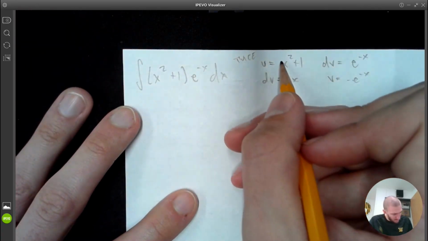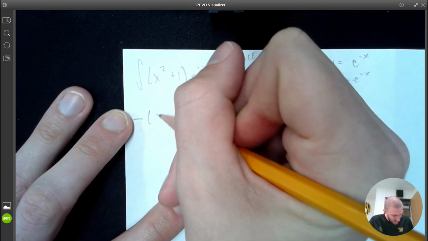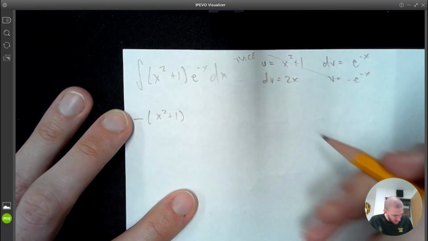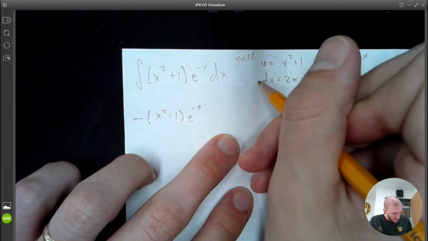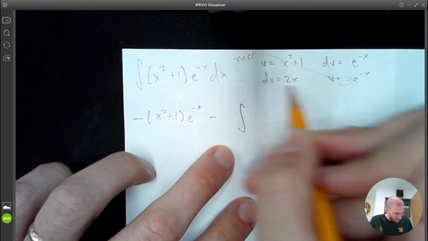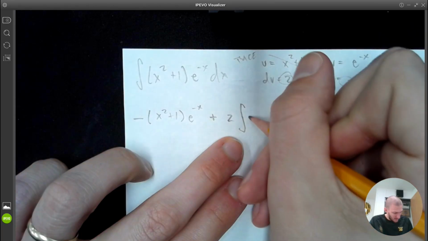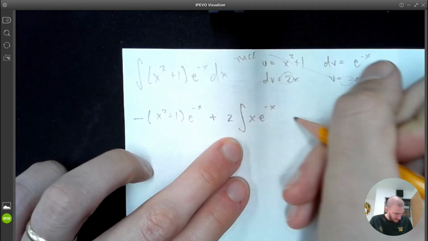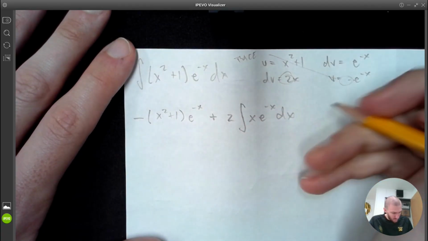So in for the long haul here. Multiply these: negative (x squared plus 1) e to the negative x. Multiply across. I've got a negative and a 2, so I'll make it a positive 2x e to the negative x dx. And this is almost doable.